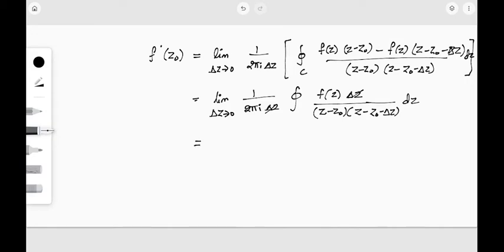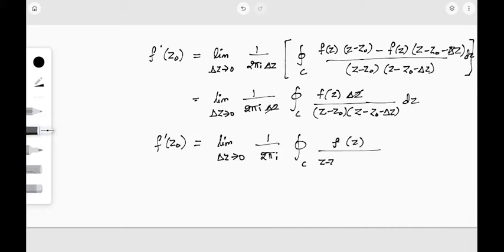So in the end, f dash of z dot, I want you guys to keep this in mind, the formula that we have derived for f dash of z dot, is nothing but limit delta z tends to 0, 1 by 2 pi i integral over c f of z whole divided by z minus z dot into z minus z dot minus delta z into dz.